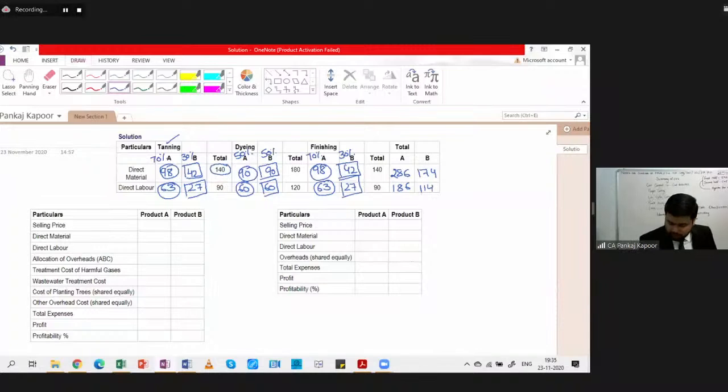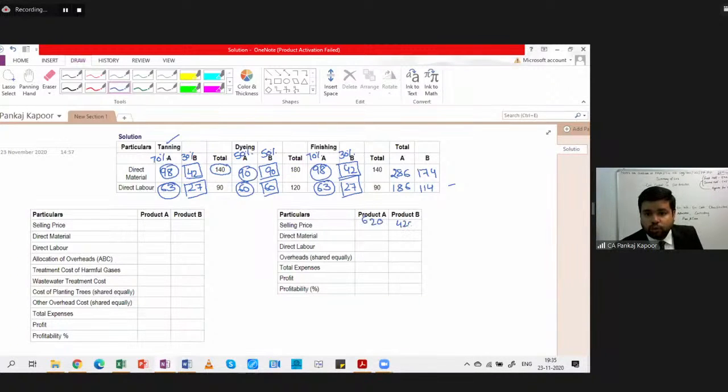Friend, I believe that you remember that the selling price which was given to us in the question, or which is mentioned that we must consider, is 620 and 420.